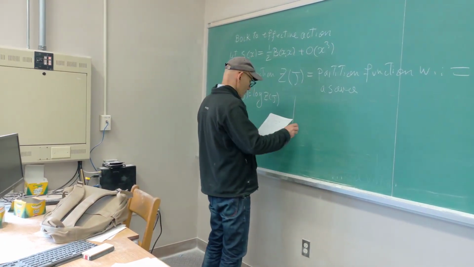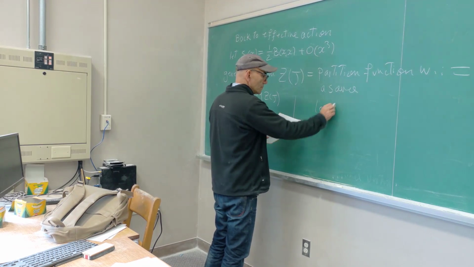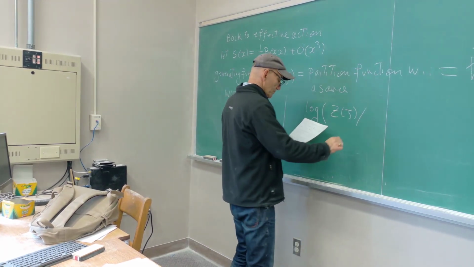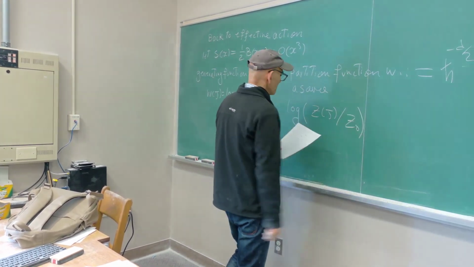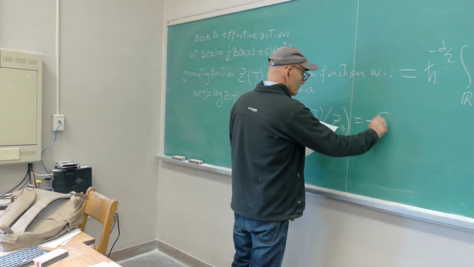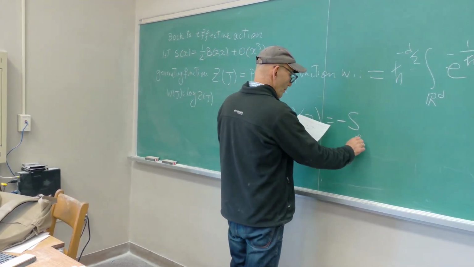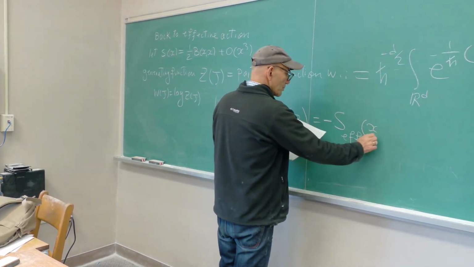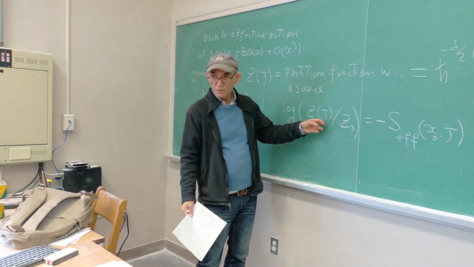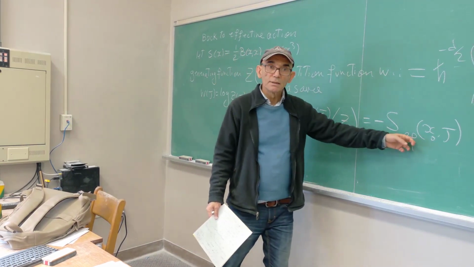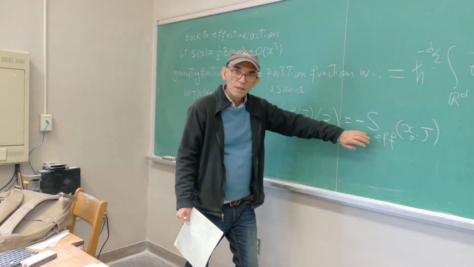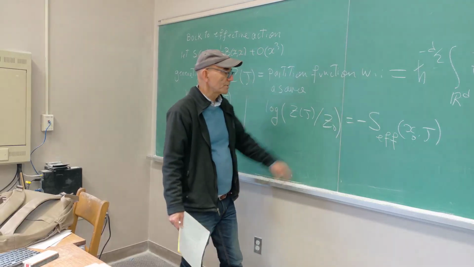So now log of Z of J over Z0 is equal to negative S effective of X0 and J. Before we had this equation without J, and that's more or less the definition of effective action, because when you calculate this you sum over the components of the effective action.